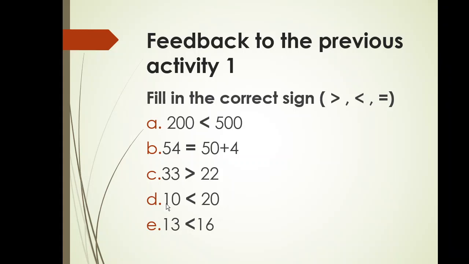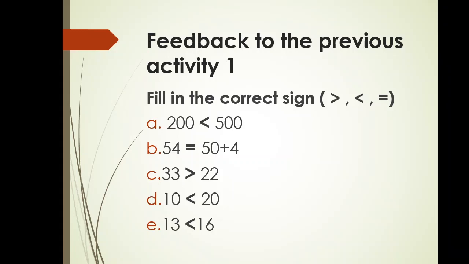D, we have 10 on our left hand side, and 20 on our right hand side. So 10 is the smaller number here, so the tip must be pointing to 10, and the mouth must be pointing towards 20. So we read as 10 is less than 20.